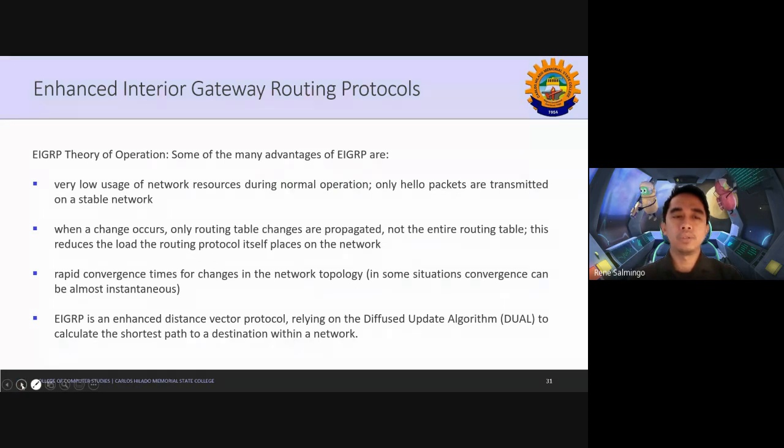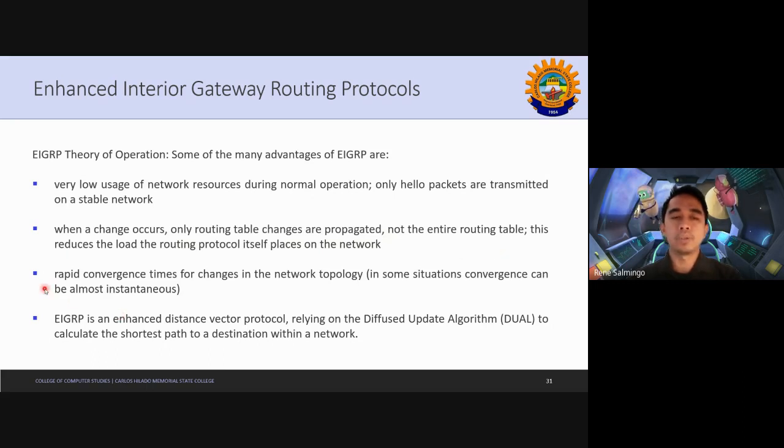So how does EIGRP perform? It has very low usage of network resources during normal operation. And when a change occurs, only routing table changes are propagated, not the entire routing table.